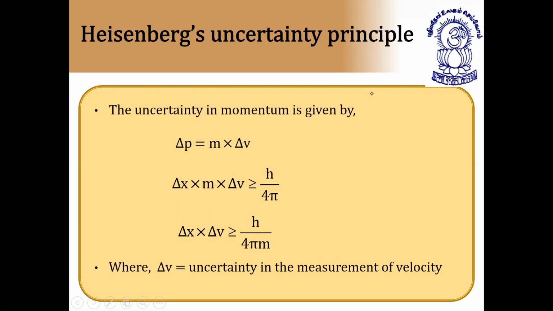The delta v is called uncertainty in measurement of velocity. Velocity can change, but mass never changes because the mass of the electron is the same. So that's why delta p, the change in momentum, is equal to mass into delta v, where delta v is called uncertainty in measurement of velocity. So either they ask us to find uncertainty in position, uncertainty in momentum, or uncertainty in velocity in this regard. I hope this is clear for you.